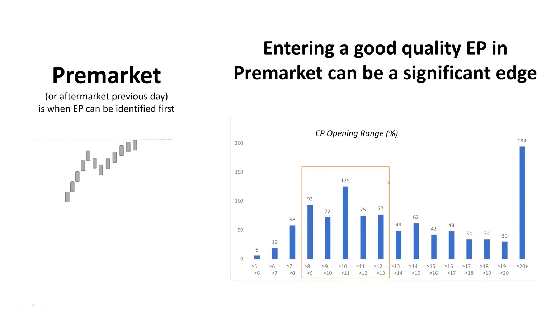So what you see from this is that most of the stocks open at 8% or more. That's why being in the stock early in pre-market, when this stock is kind of growing up and taking its energy, can be an edge. For example, for a stock that opens at 16%, if you enter the stock when it's at 9-10%, it's already a very significant edge.